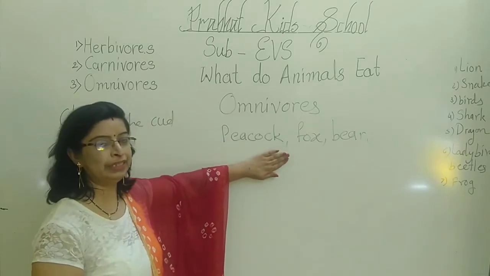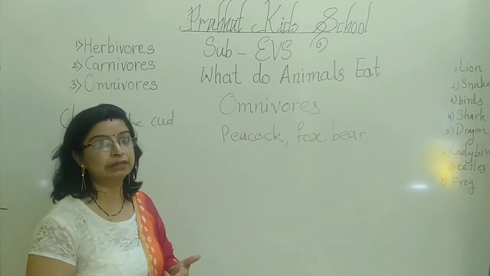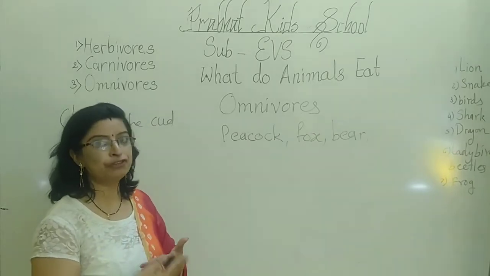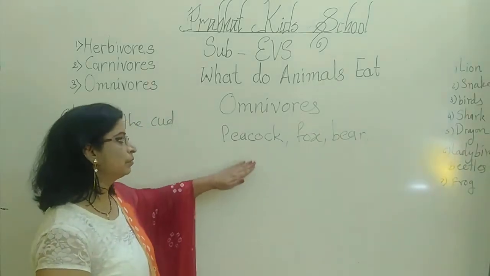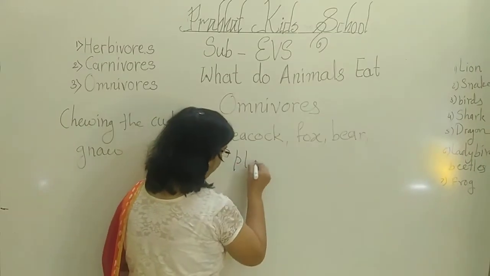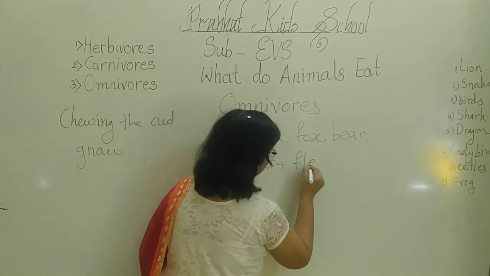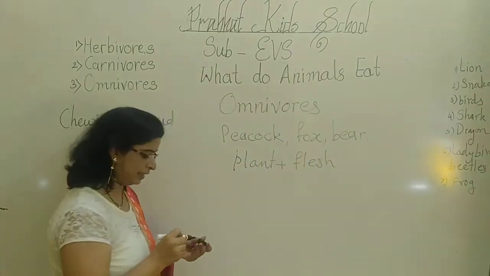These omnivorous animals feed on plants as well as insects and flesh of other animals. Omnivorous means they feed on both plants plus flesh. These are known as the omnivorous animals.